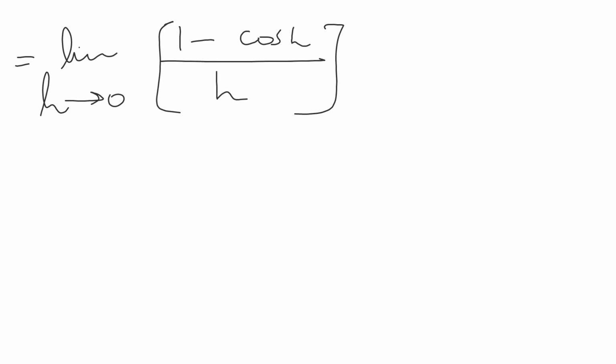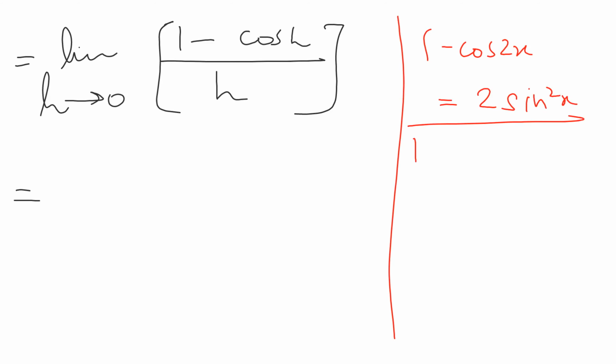So now see, we know the half angle formula for 1 minus cos 2x. 1 minus cos 2x, the half angle formula is 2 sine square x. So try and understand this. What will be the formula for 1 minus cos 2h? It will be 2 sine square h.